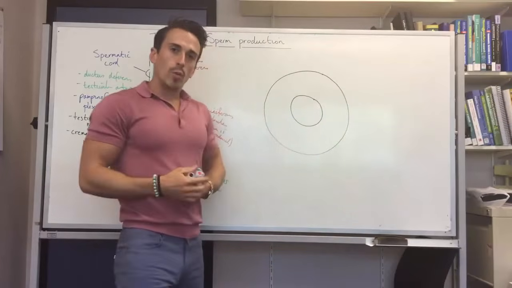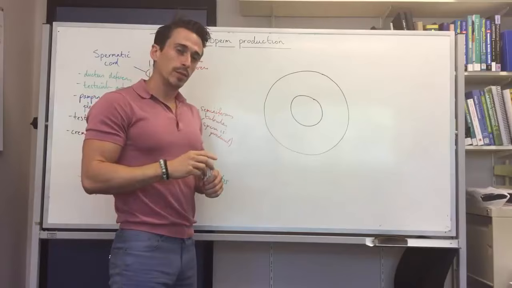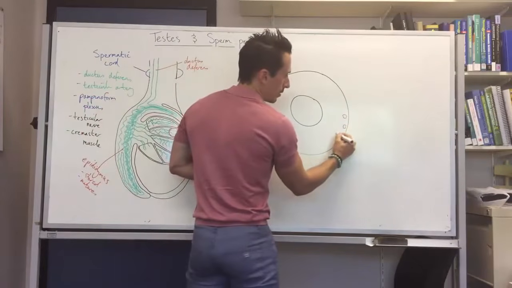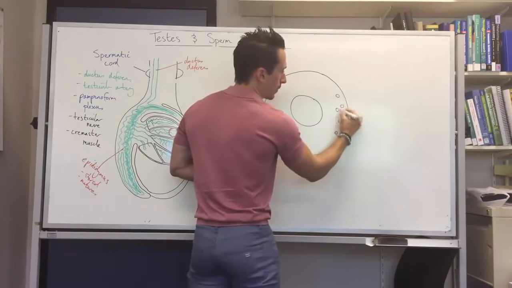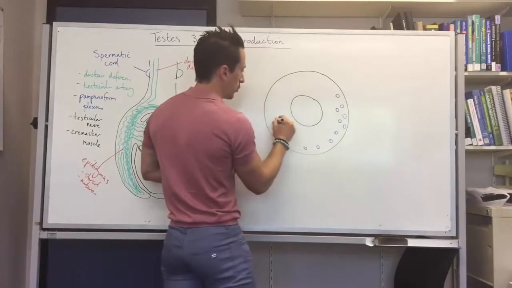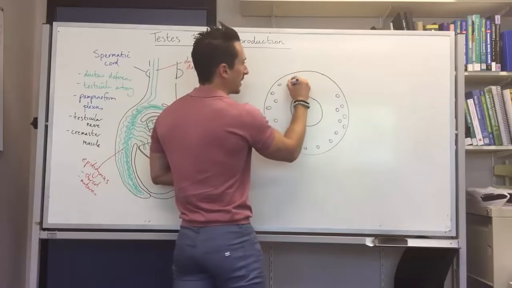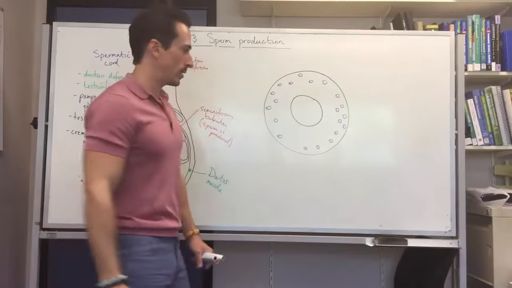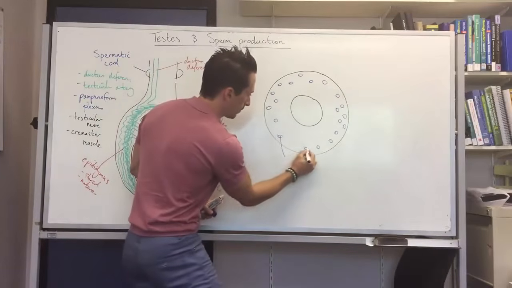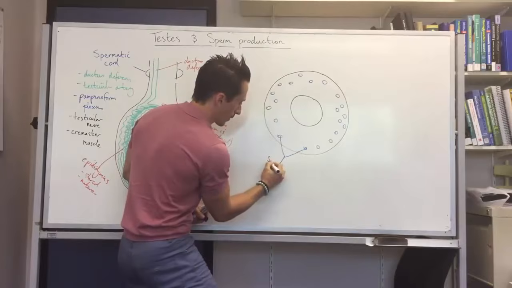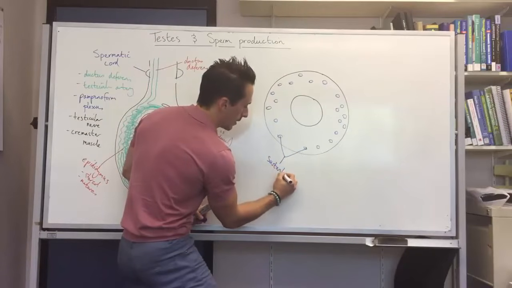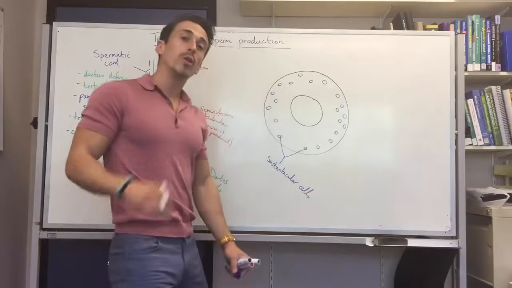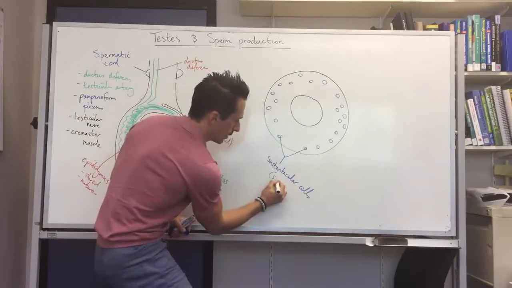Now, what you're going to find is that there's a number of different cell types that you need to be aware of. First of all, you've got cells present around here in the walls of the seminiferous tubules. These cells are called sustentacular cells. Isn't that a good name? Sustentacular cells, which we also call Sertoli cells.